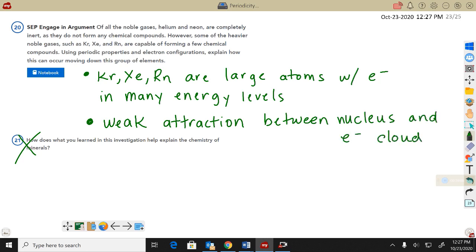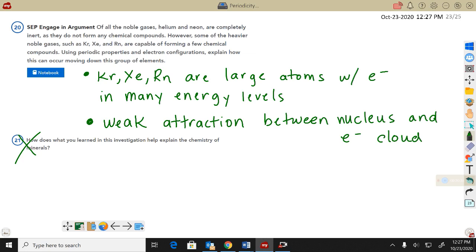And so guess what? Even though technically the orbitals are full, if the attraction is weak, think about xenon, radon, 5, 6 energy levels. The attraction is weak, so it's possible that we might lose an electron. Very possible, just because that poor nucleus is trying so hard to hold on to its electrons, but they're so far away. And so it is possible that you could lose electrons.